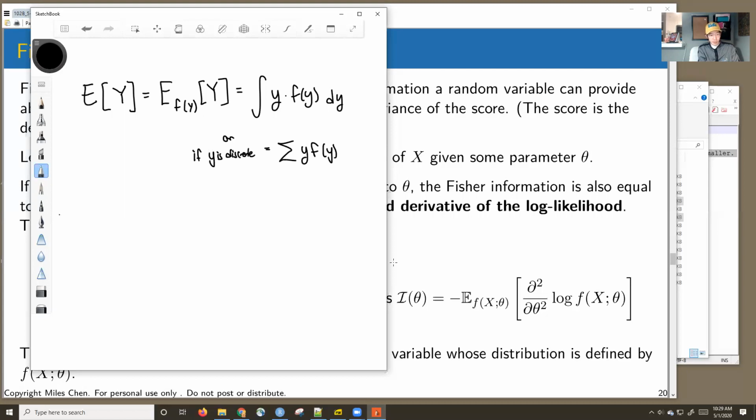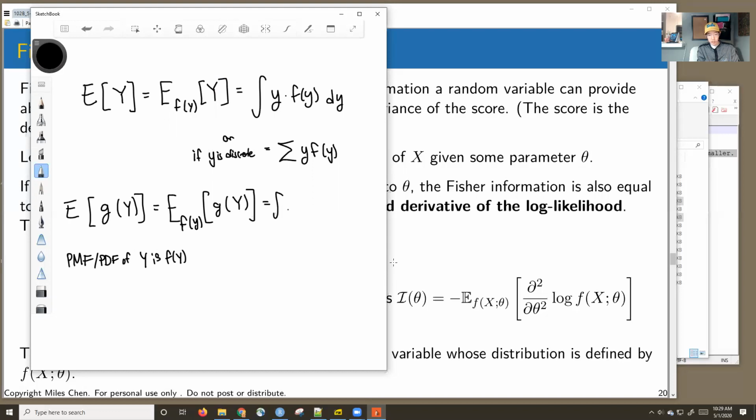And if you've got something more complicated, an expectation of some function g of y, and the PMF or PDF of y, then this is going to be the integral of g of y times f of y dy, right?